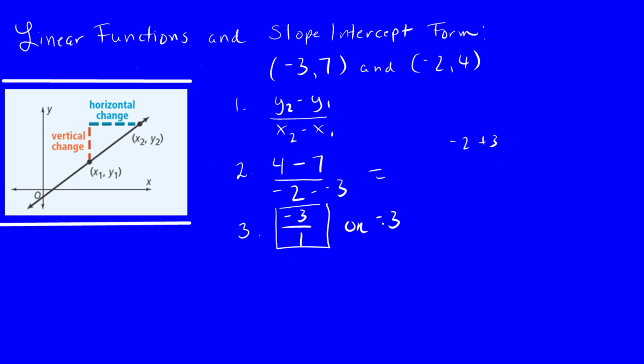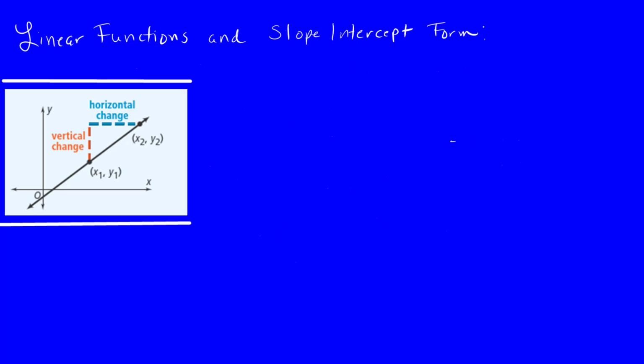All right, let's try another one. Let's find the slope of a line that passes through 3, 1, and -4, 1. I'm not going to write out steps 1, 2, and 3 now; I was writing that out to make sure that you always follow those correct steps.